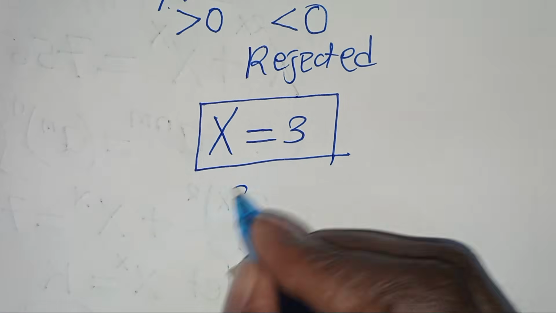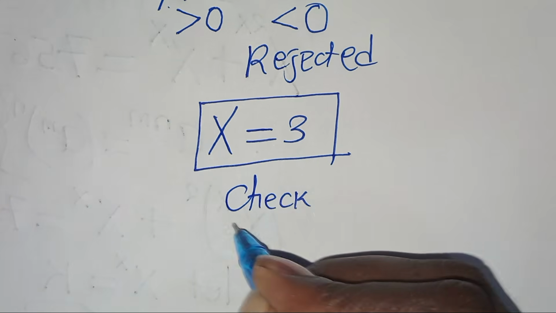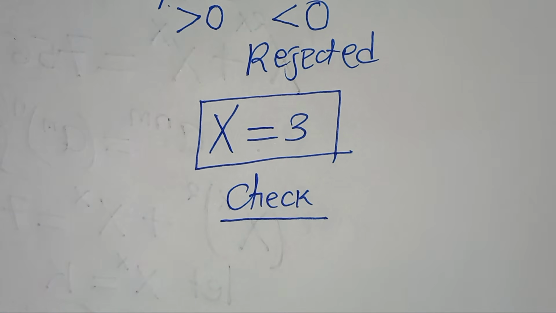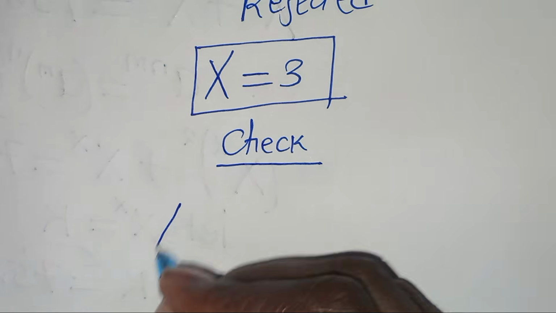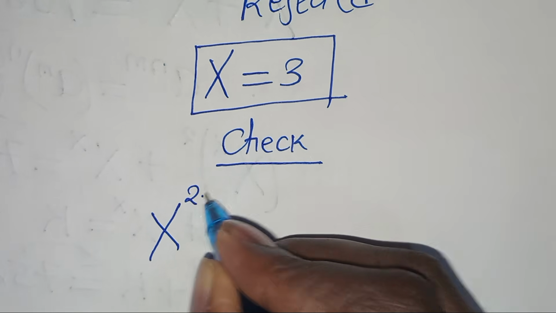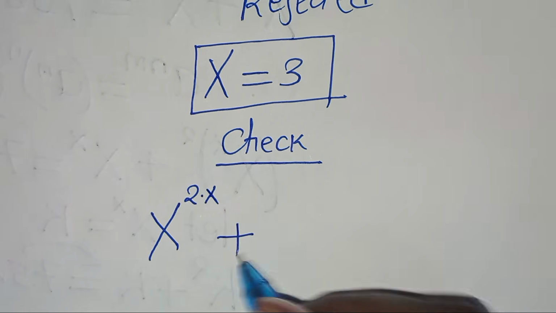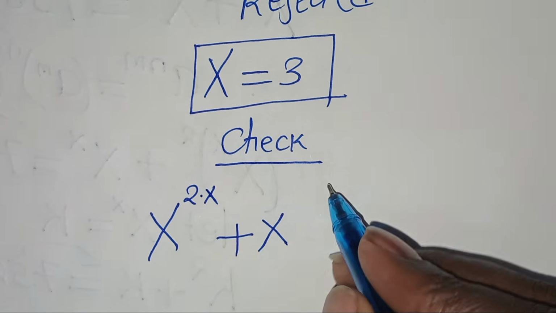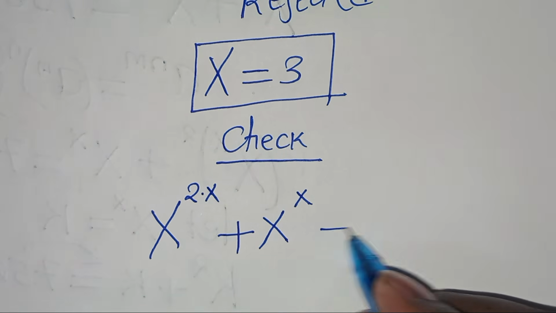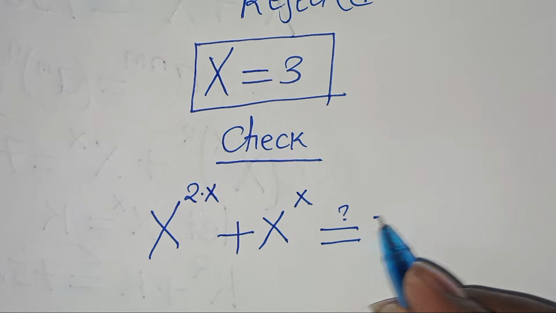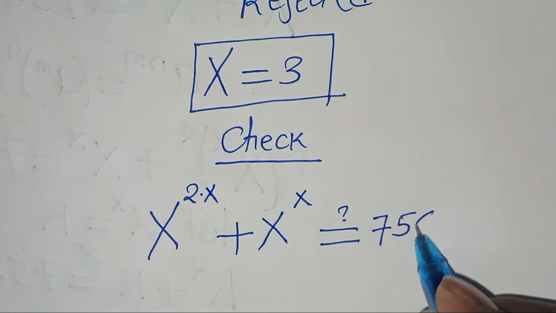Now let's check if this value of x satisfies the equation. We have x raised to the power of 2 multiplied by x, plus x raised to the power of x, which is supposed to give us 756.